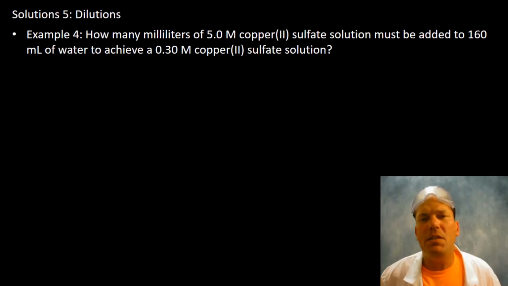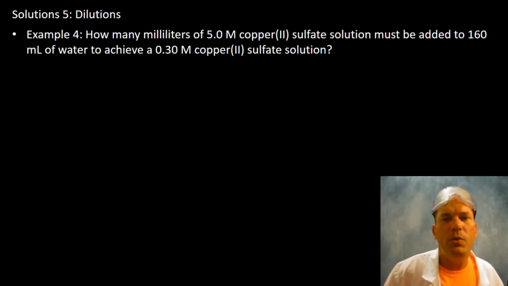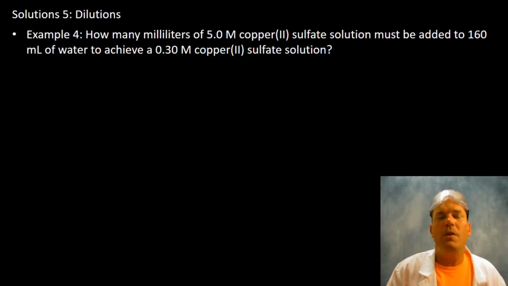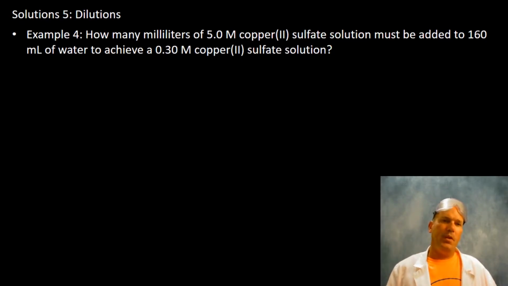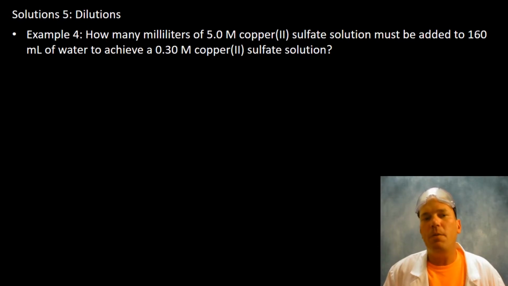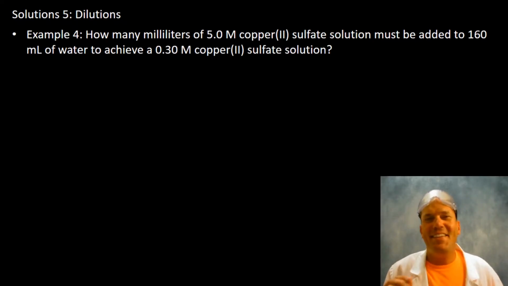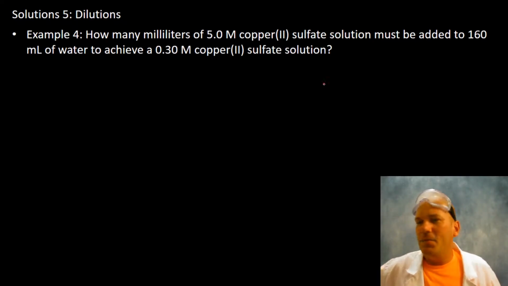Example 4: How many milliliters of a 5 molar copper(II) sulfate solution must be added to 160 mils of water to achieve a 0.3 molar copper(II) sulfate solution? Now, there's a little twist to this problem, okay? And it's right here.